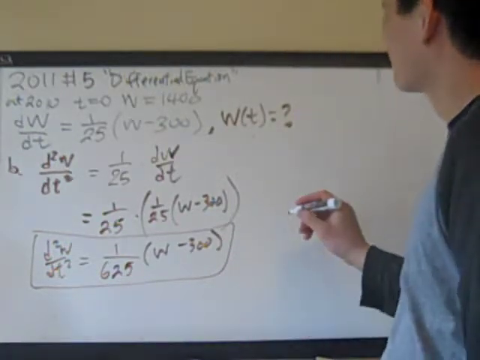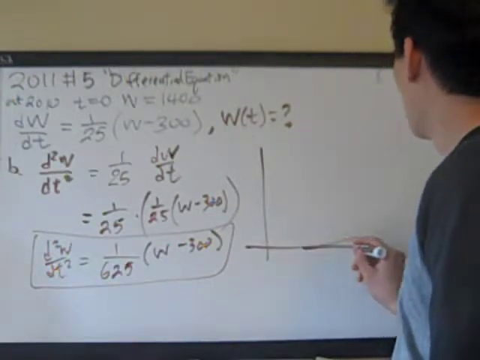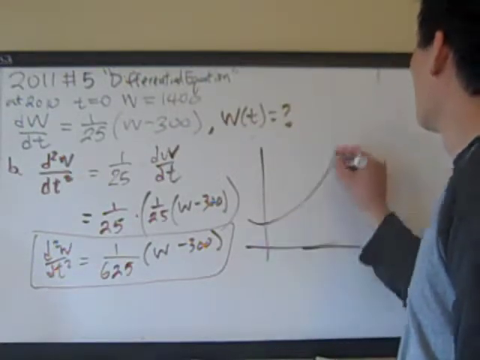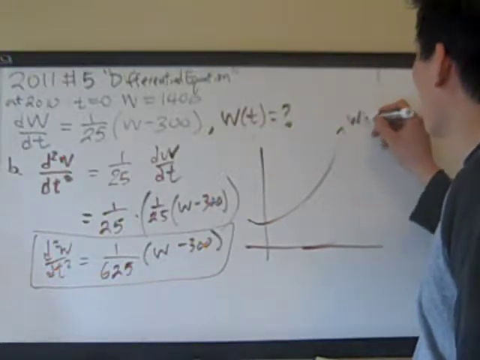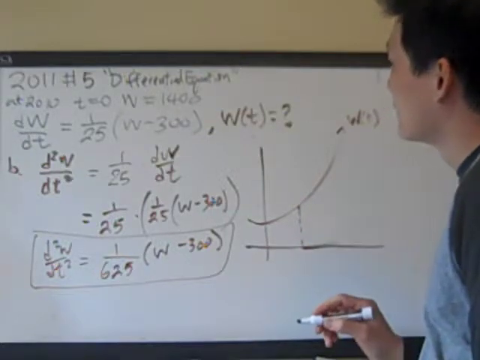Let's draw a conceptual graph, and this is not really the real graph. Pretend this is w of t.